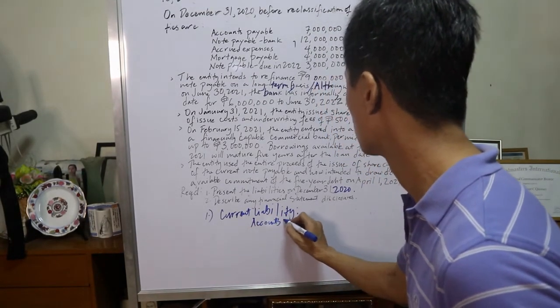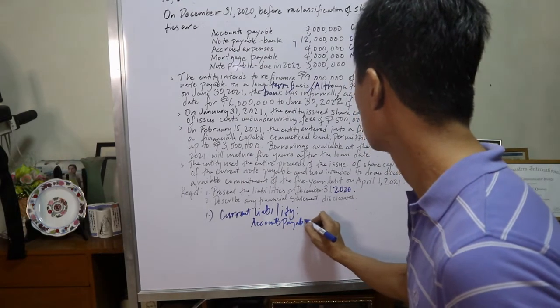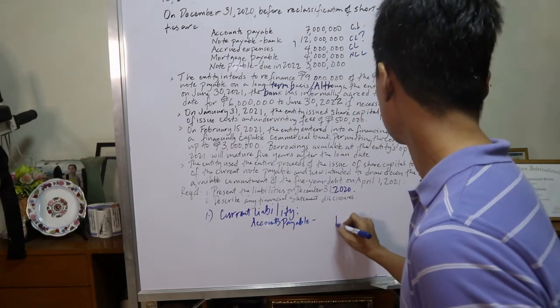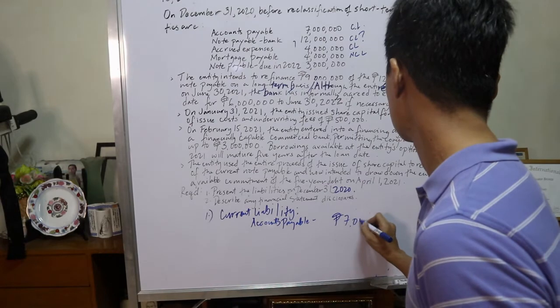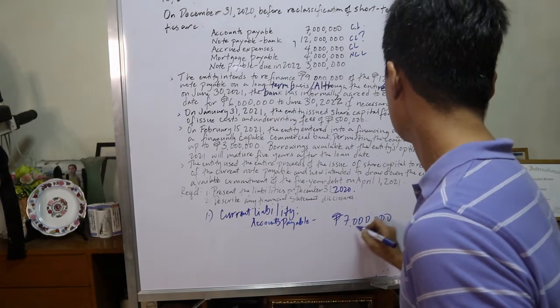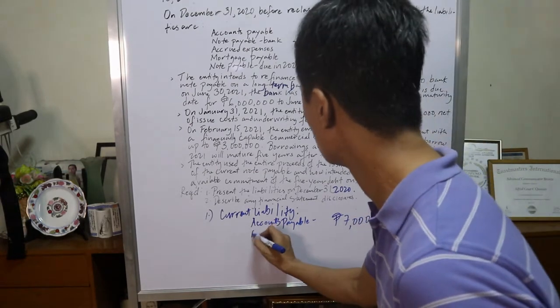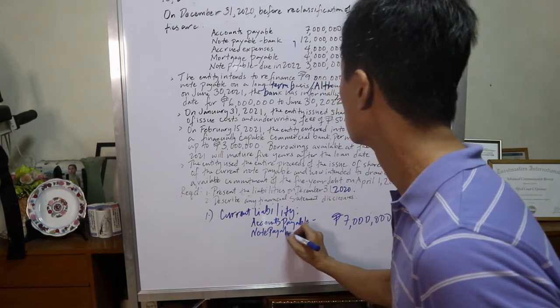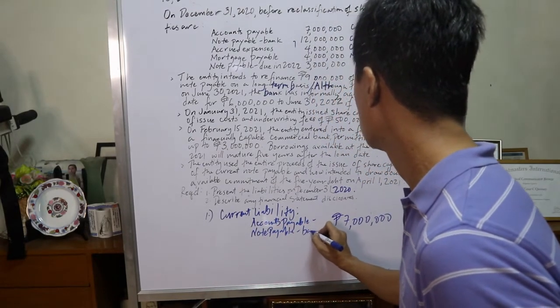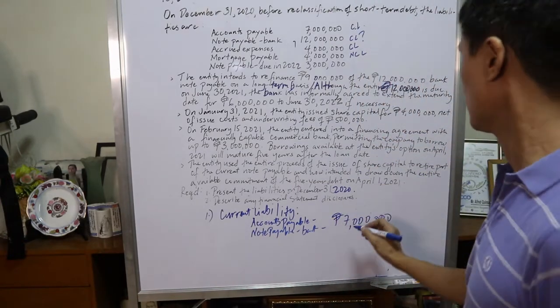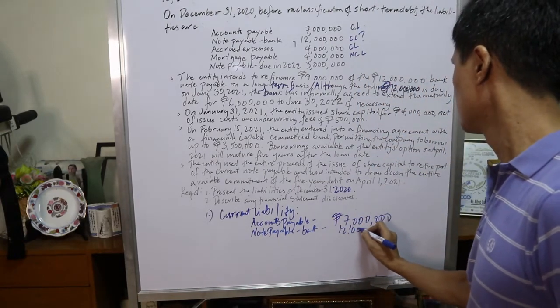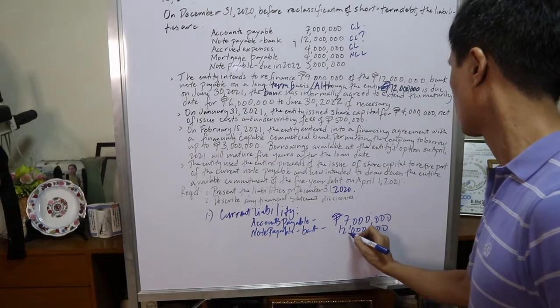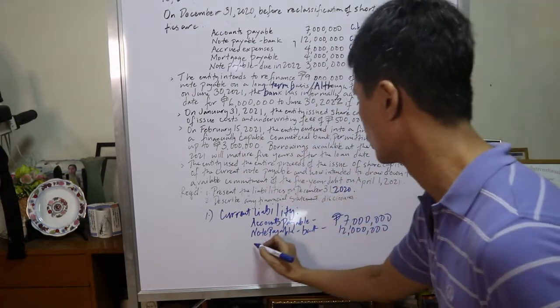This is requirement number 1, accounts payable. So that is 7 million pesos. Okay, so another one is notes payable to the bank. Like we said earlier, this is still a current liability. And the next one, accrued expenses.